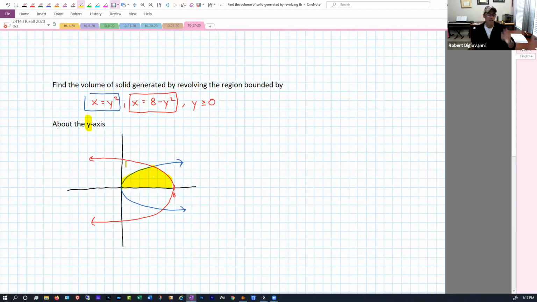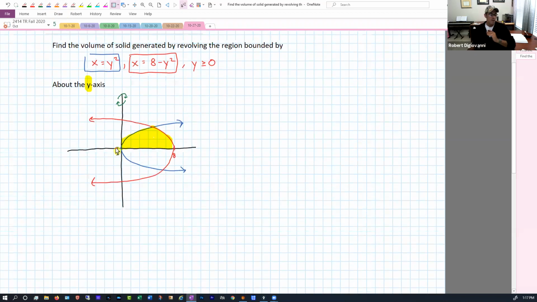So we want to wrap that around the y-axis. So I'm going to draw my axis of rotation here with the little circular arrows like that. Okay, here's my axis of rotation. So here's the thing, we cannot use vertical rectangles anymore.